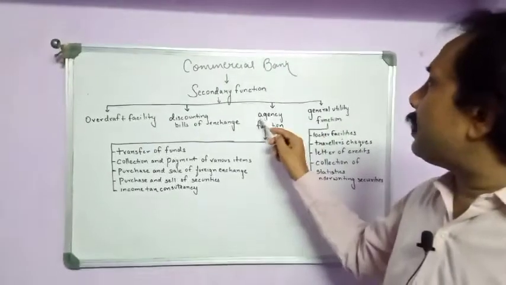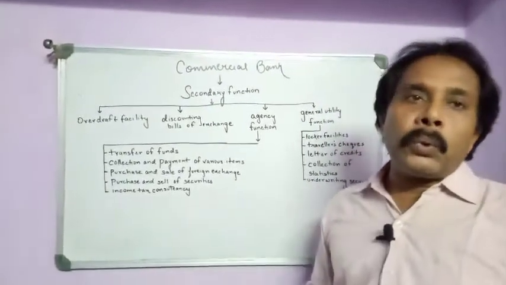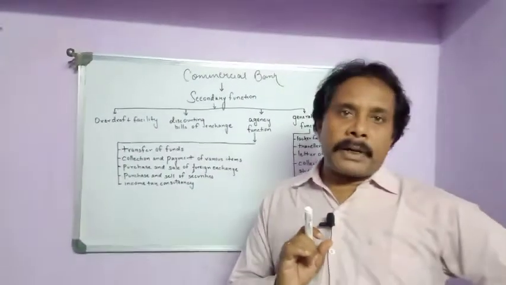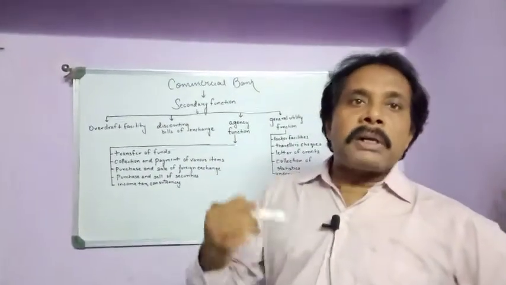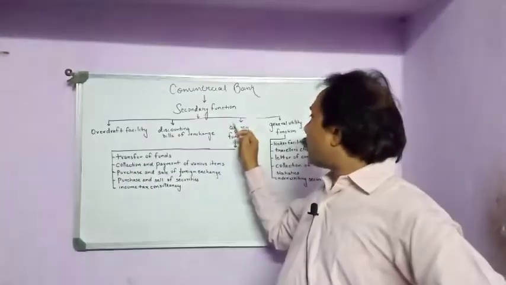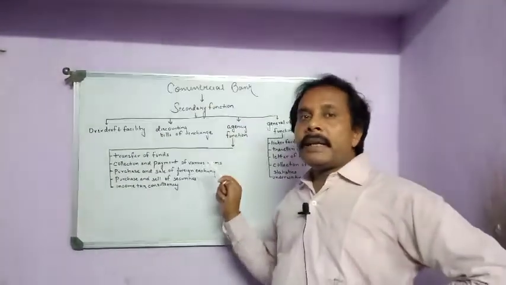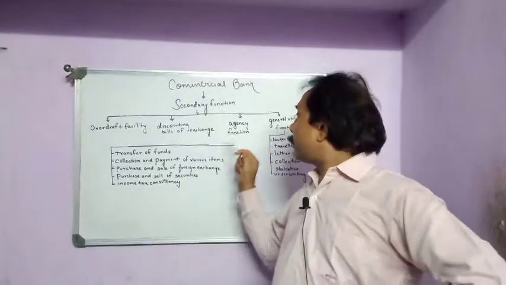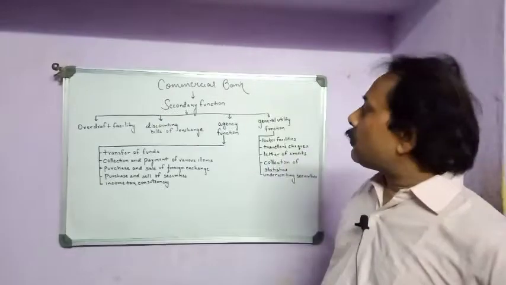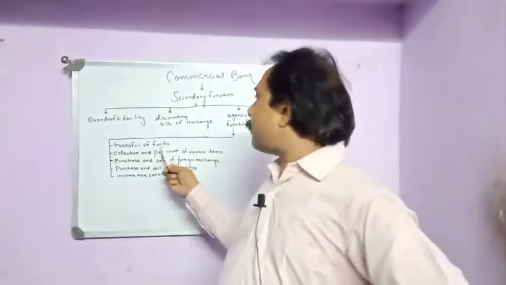Here there is the term agency, and you know a term that is known as agent. Agent means what? A person who does work on behalf of others. Like that, from the term agent, a new word has come, which is known as agency function. So first, that is the transfer of funds.